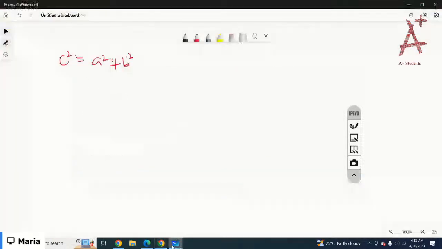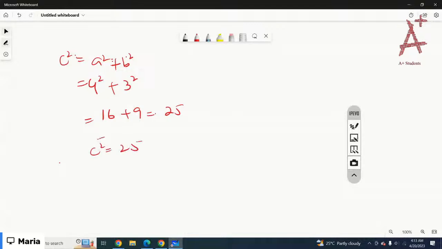So it would be 4 square plus 3 square. 4 square is 16 and 3 square is 9, so it would be 25. So c square equals 25. Just take the square root of both sides, so c equals 5. The correct option is c equals 5.